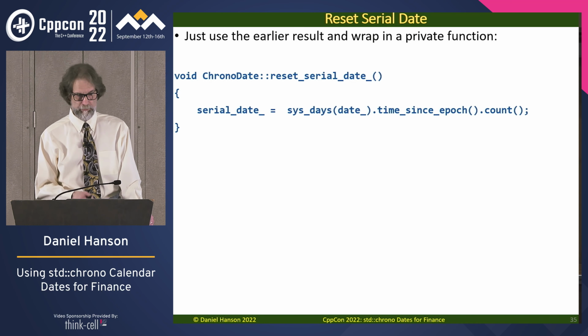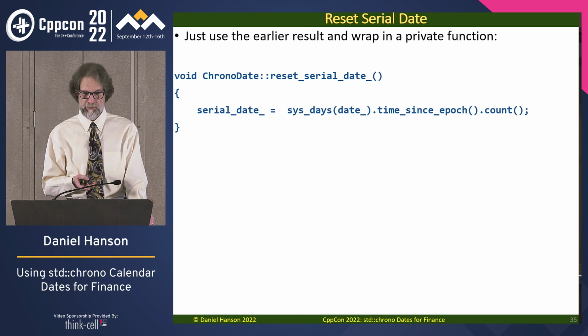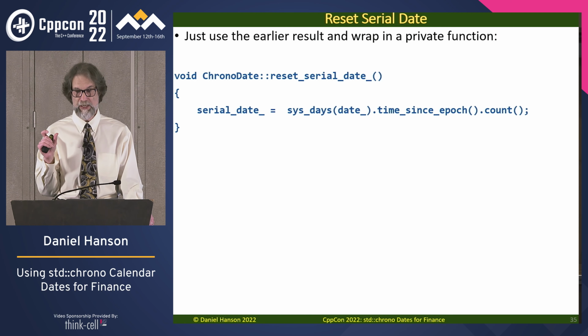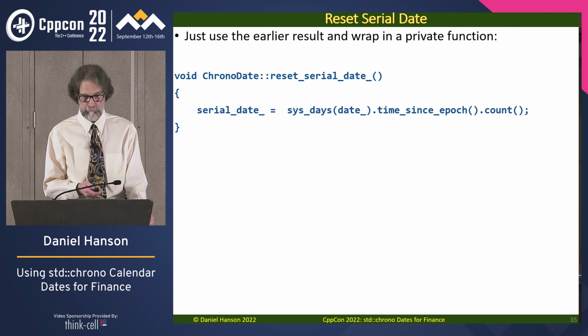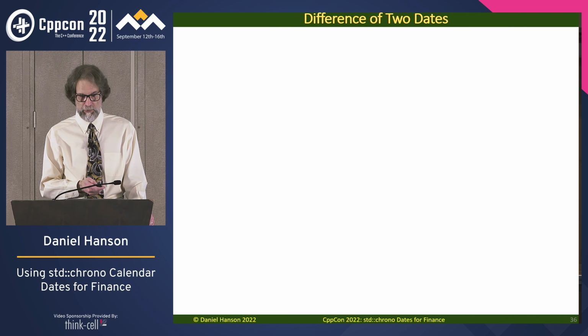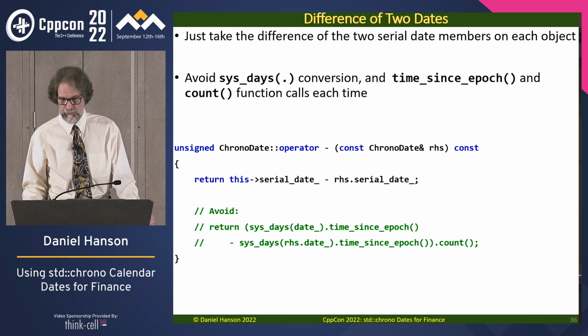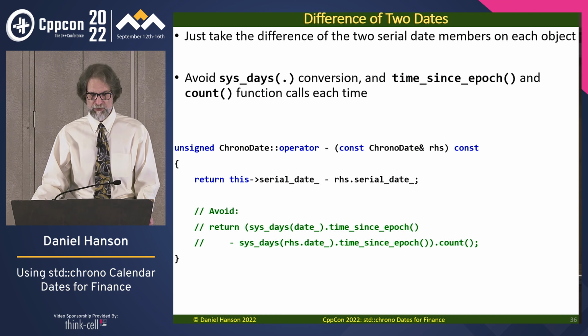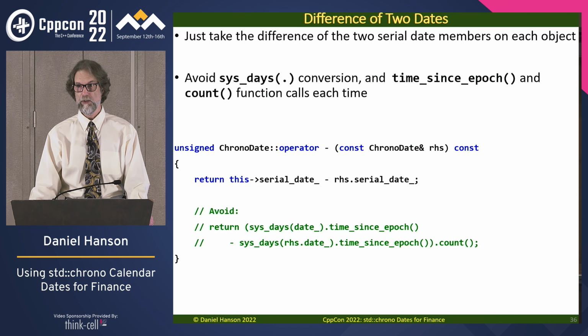The reset serial date function just takes essentially what we had early on. So we need to convert to sysdays, then call time since epoch, and then we call count to get the actual integer value. Difference between two dates: now we'll do this a little bit differently. Because we're storing the serial dates, we can just take the difference of those.